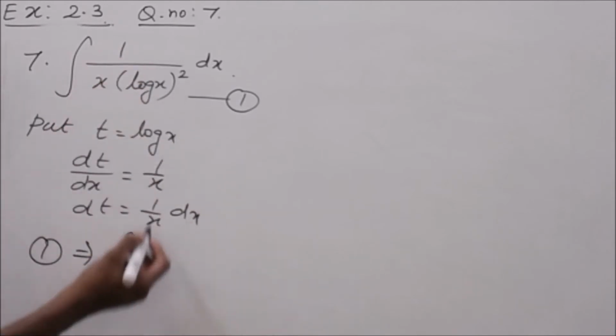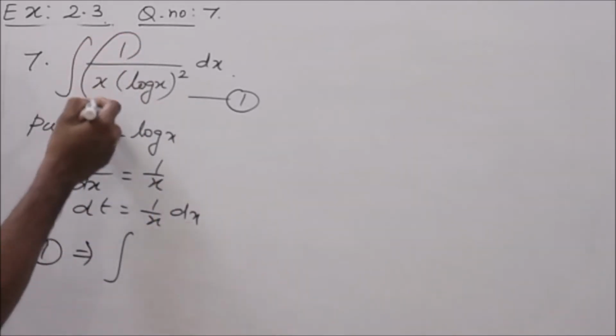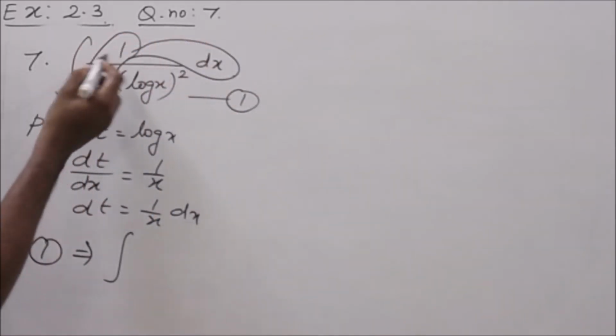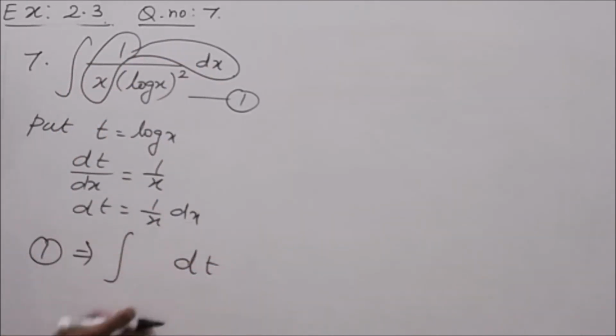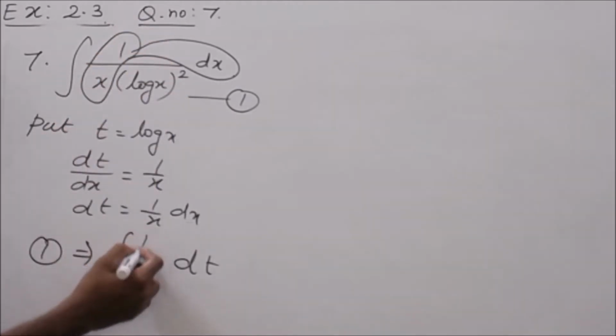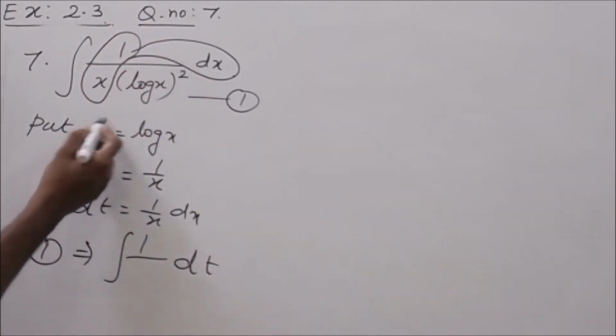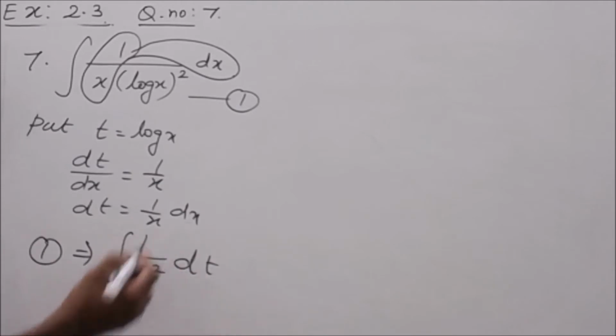Substituting here, this 1 by x dx is totally taken as dt, and the remaining is 1 by log x whole square. Log x is t, so 1 by t square.